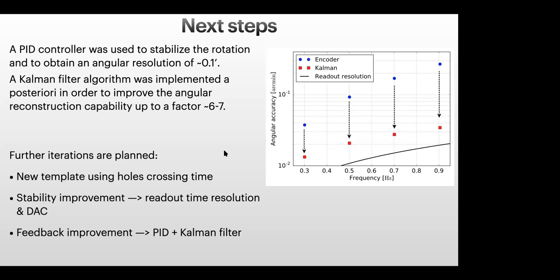And finally, we are planning to improve the feedback, and this will be done by adding a Kalman filter algorithm online in addition to the PID controller. This version of the Kalman filter probably will be a simplified Kalman filter, but should help us to give a more accurate feedback to the rotor, so during the rotation.